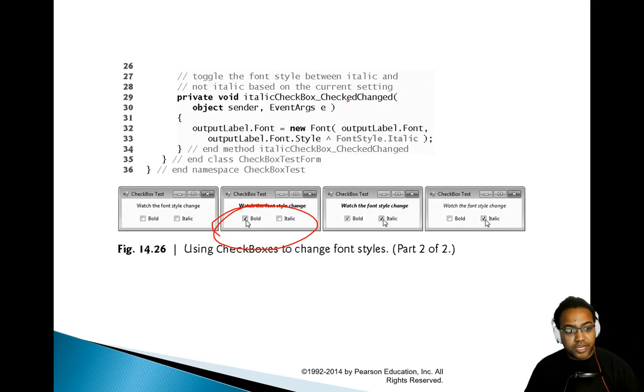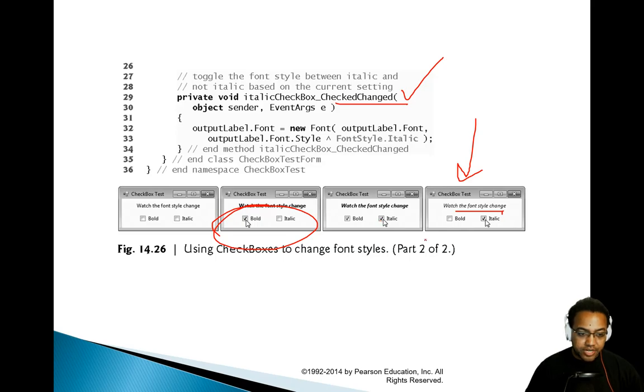And there's also checked changed as an event that can be initialized. And then new things can be added. Not new things, but actions can be added or whatnot. In this case, the font of the label is being modified when the checkbox is checked.